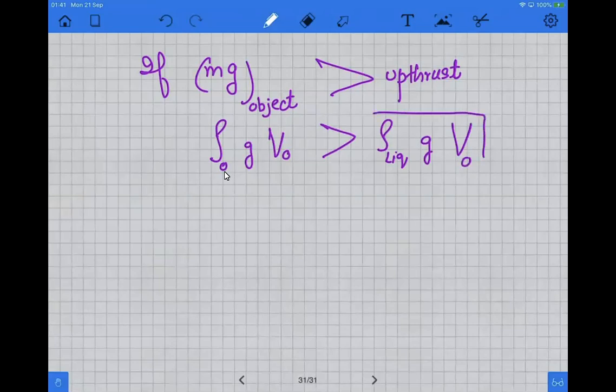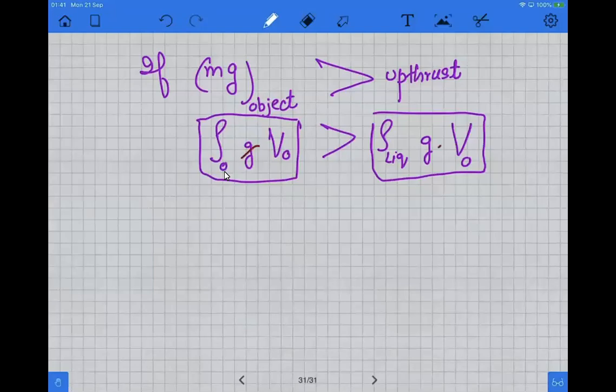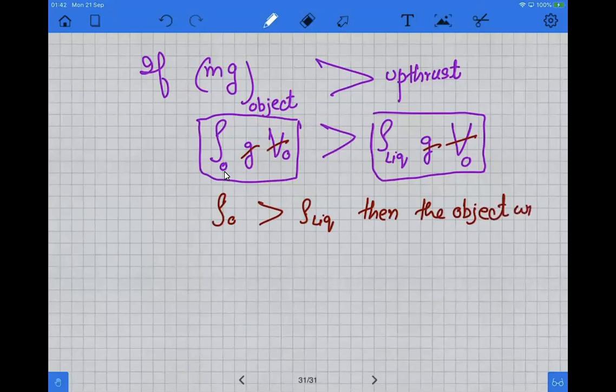This is the weight of the displaced liquid, and this is the weight of the object. In this comparison, we have g on both sides, volume of object on both sides. So if density of object is greater than the density of liquid, then the object will sink.